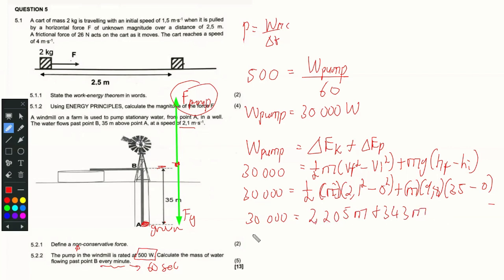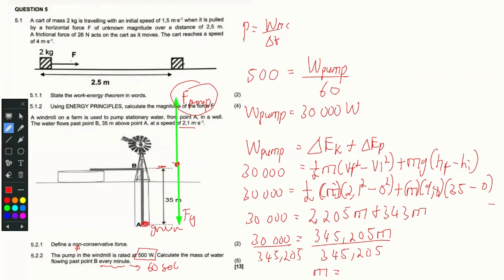That means I can just add them all together and then have 2.205 plus 343. And then this is 345.205 m. And then I can divide both sides by 345.205.